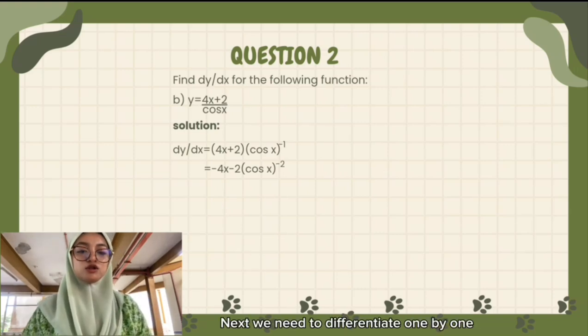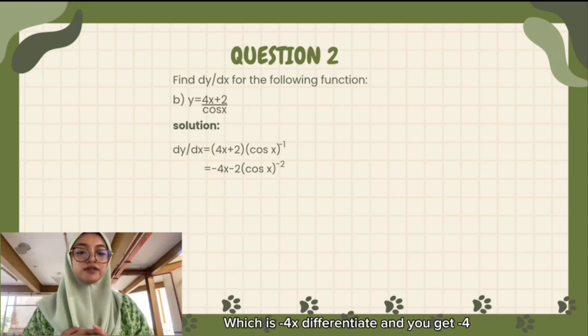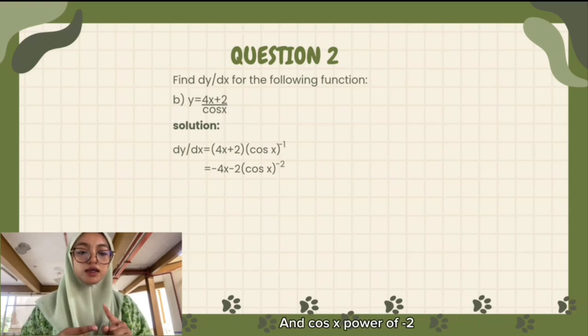Next, we need to differentiate one by one. Negative 4x differentiated gives negative 4. Negative 2 differentiated gives 0. And for cos x to the power of negative 2, we need to use the chain rule formula. So this is the formula.